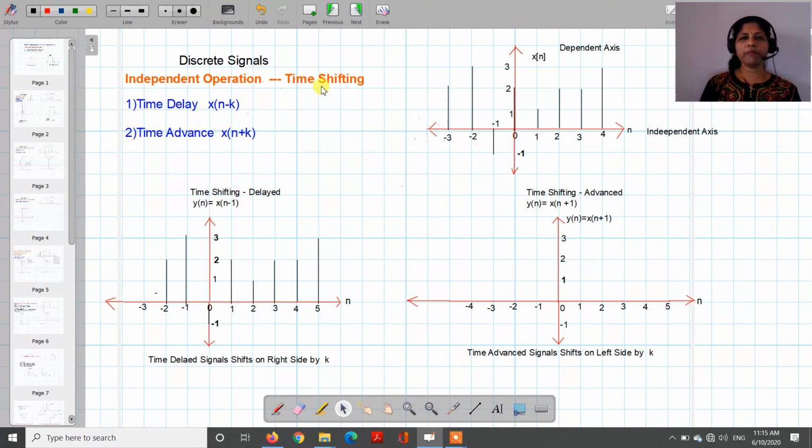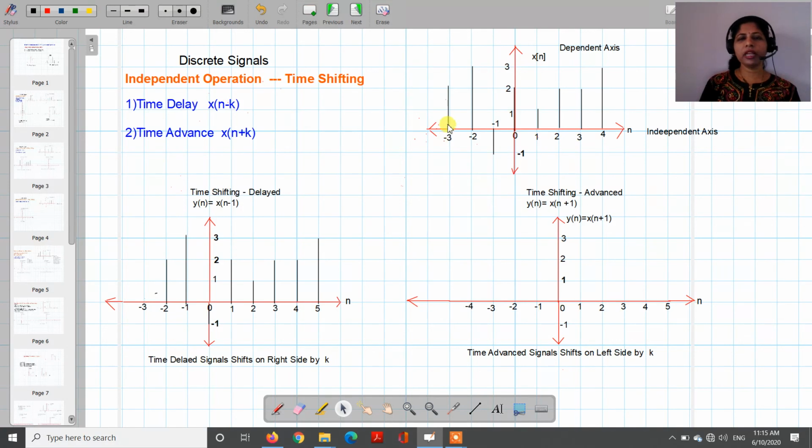So for the time shifting delay, we have to shift the signal to the right side. The next type of time shifting is the time advance, represented by a plus sign, x of n plus 1. Again, for example, instead of the class starting at 10, the class starts at 9:45. That is the advance.